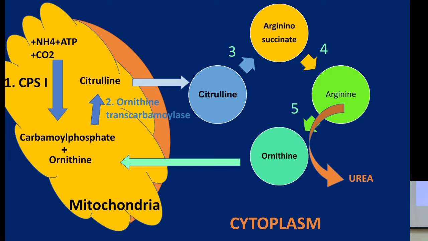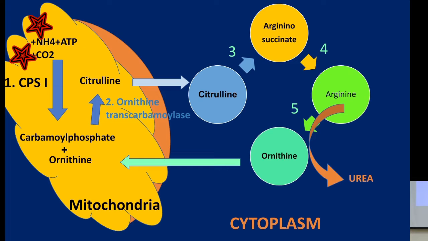You condense the CO2 and ammonia together with the ATPs to form this activated molecule called carbamoyl phosphate. That's the beginning of the urea cycle. That's the first enzyme in the urea cycle. Its name is carbamoyl phosphate synthase. This is an activated intermediate that already has one of the nitrogens you need to make urea.